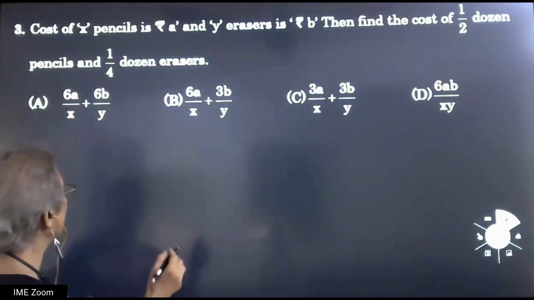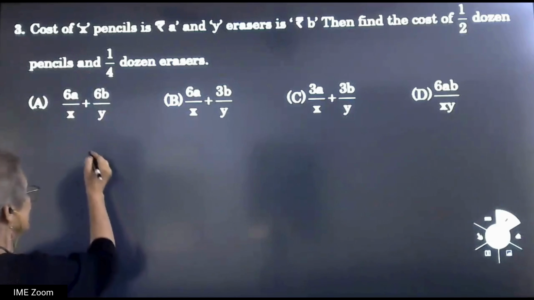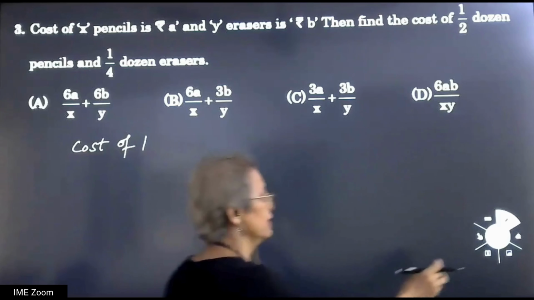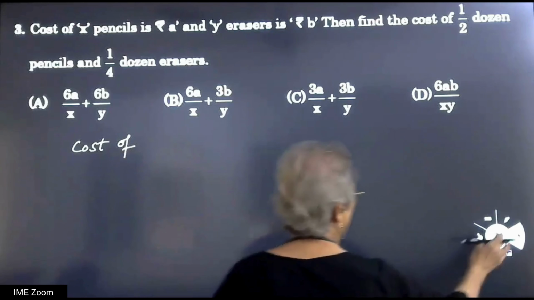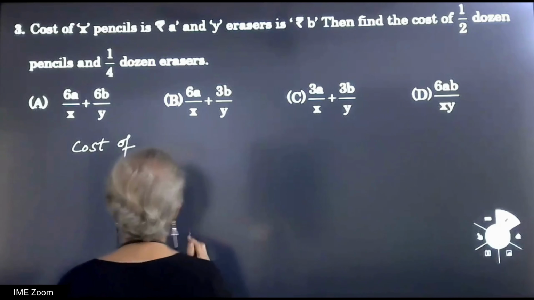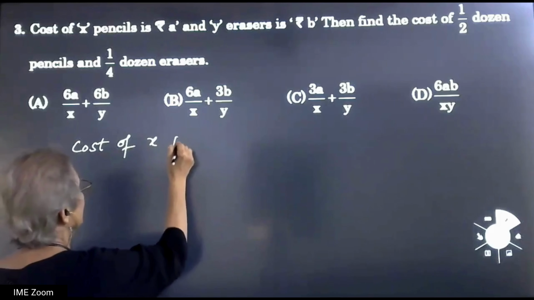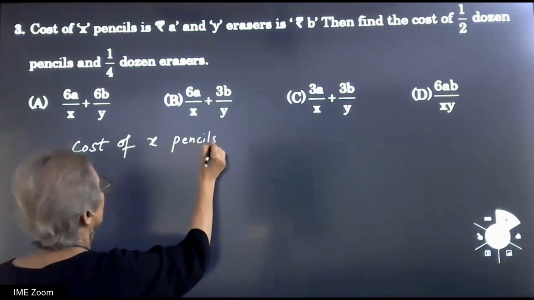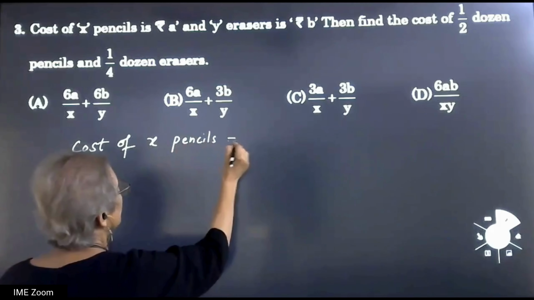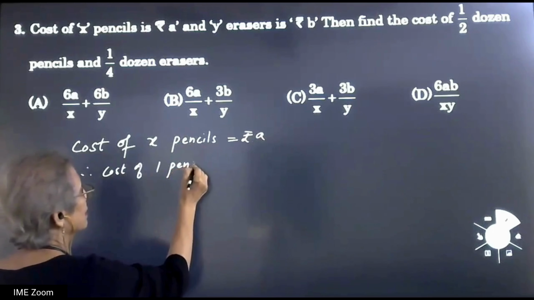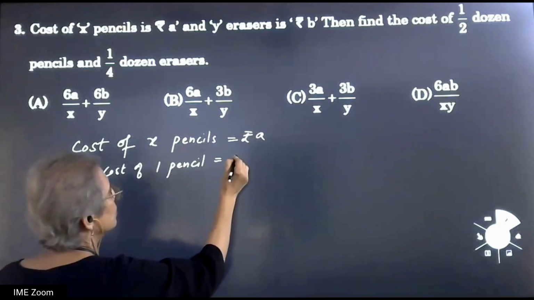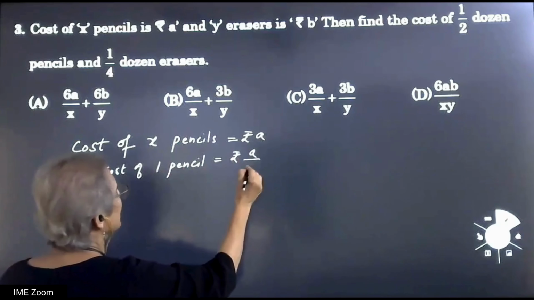So first of all, cost of X pencils equal to rupees A. Therefore, cost of one pencil equal to rupees A upon X.